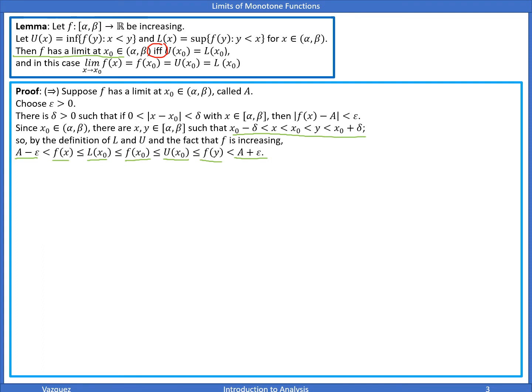So I should color code this to avoid confusion here. This we got from this red. This we got from this.